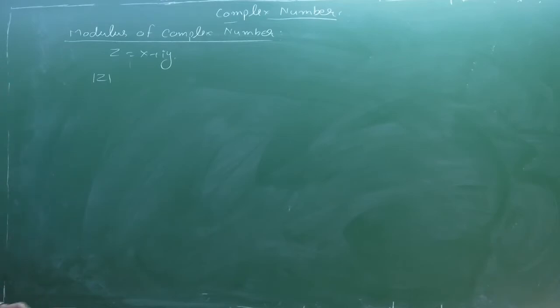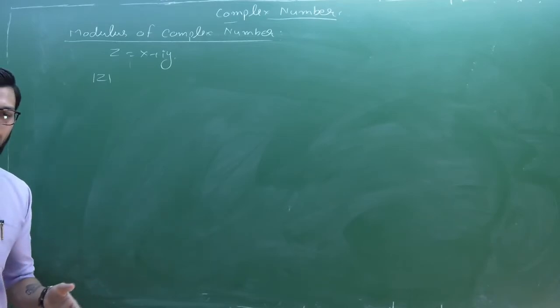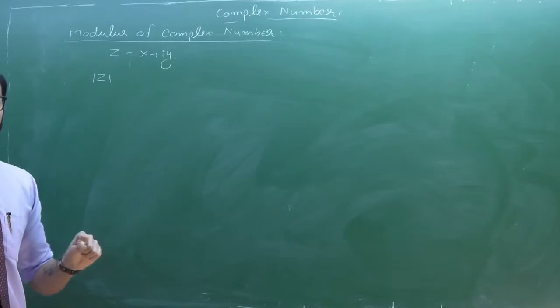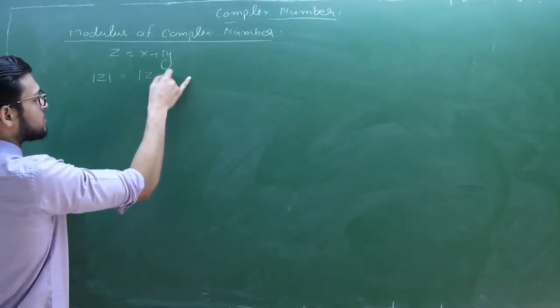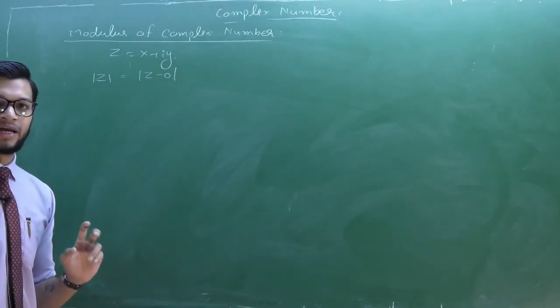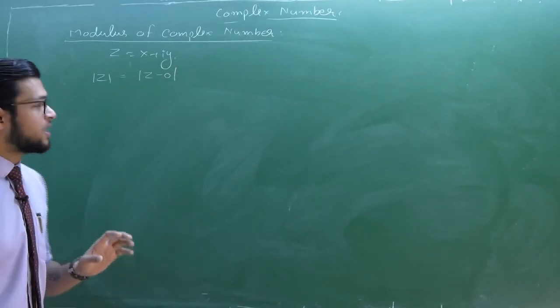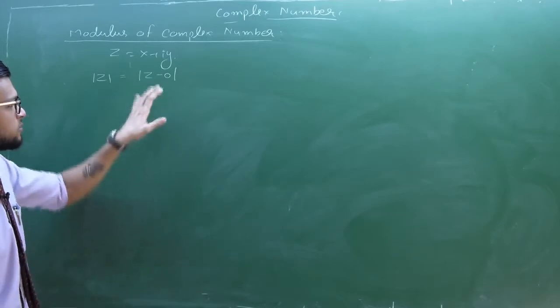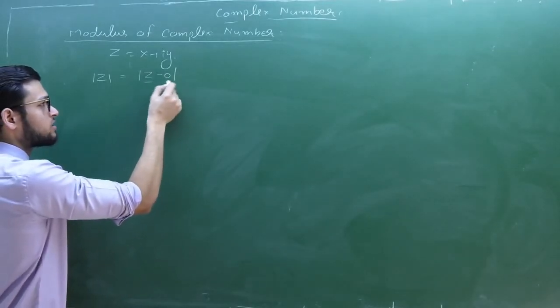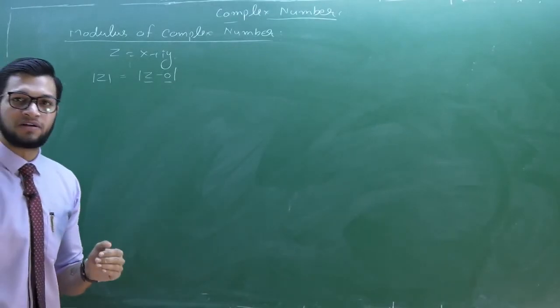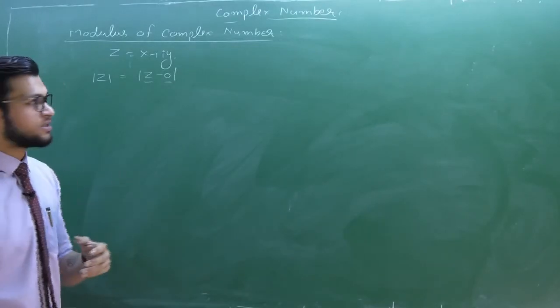Okay, all right. So if we have z as x plus iota y and we want to calculate mod of z, we can also write this term as mod of z minus 0. Now we can conclude this term as the distance between z and the origin.